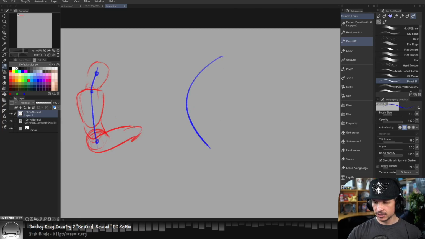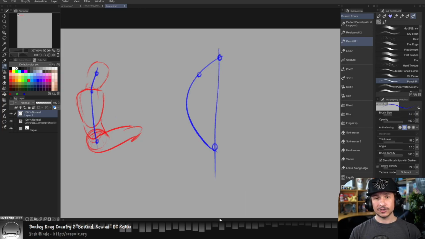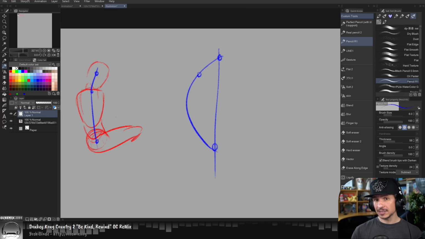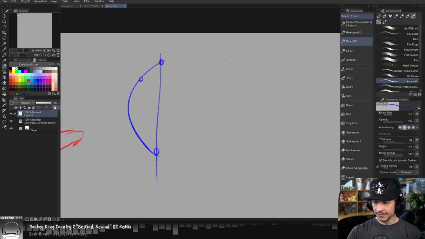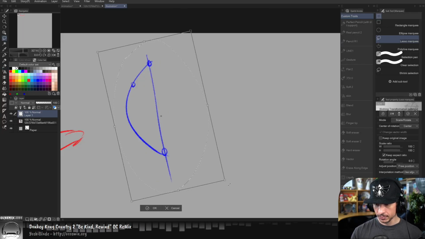Really big line of action like that. Center of the head ends up being here. Center of the hips end up being here. Well, what did we just do? We did a straight line right down. That's not going to be super interesting. Instead, if I take that same line of action and just rotate it. So I'm just actually going to take this, transform it, and go whoop, like that.